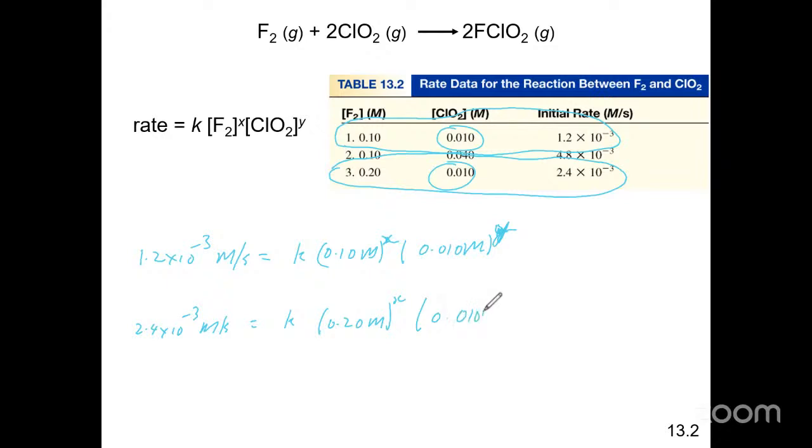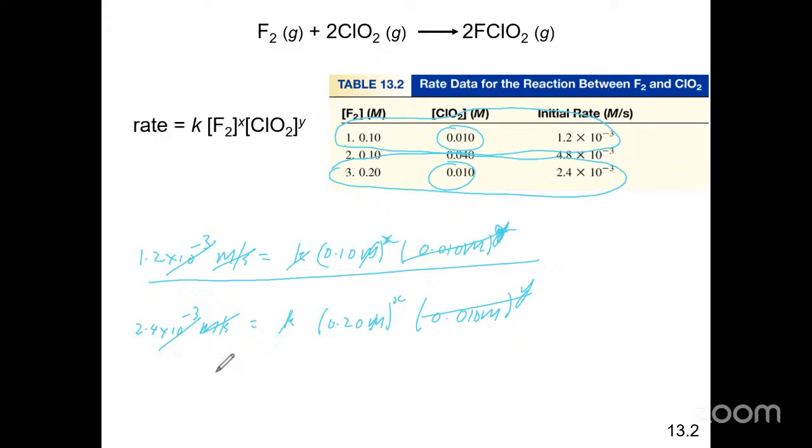0.010 M raised to the y, all right? Again, you divide the top line by the bottom line. So this will cancel out, so it doesn't matter what y is in this case. The M's will cancel out here and here, the k's will cancel out here and here, M over s will cancel out here and here, 10 to the minus 3 will cancel out there and there.